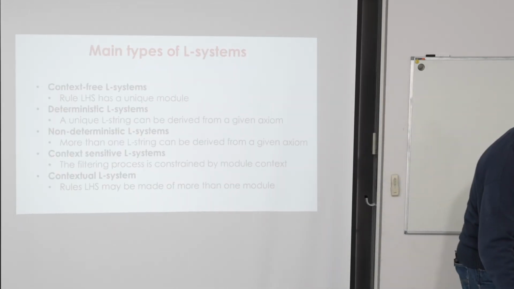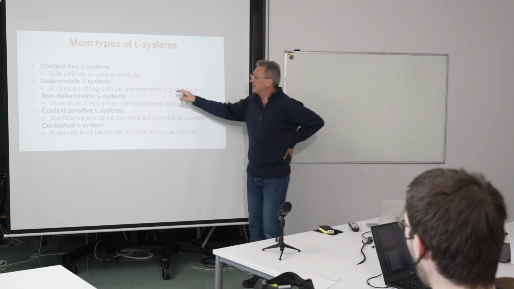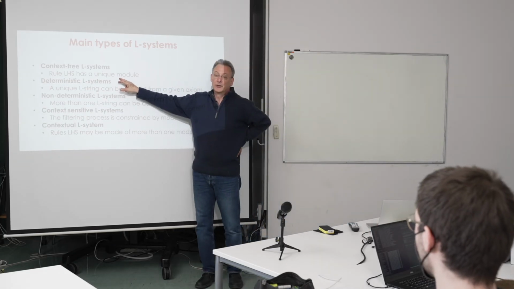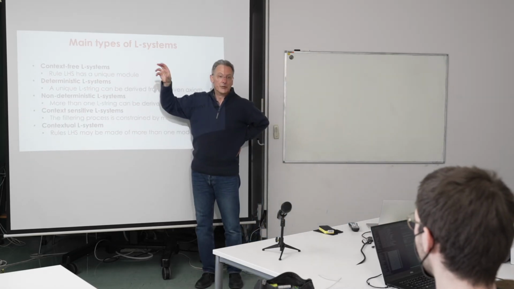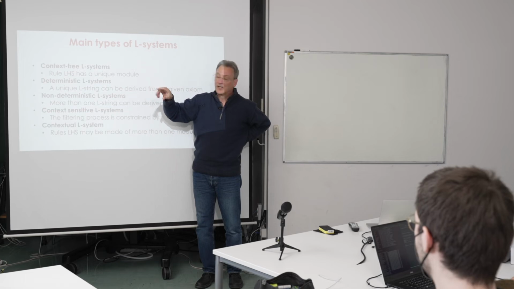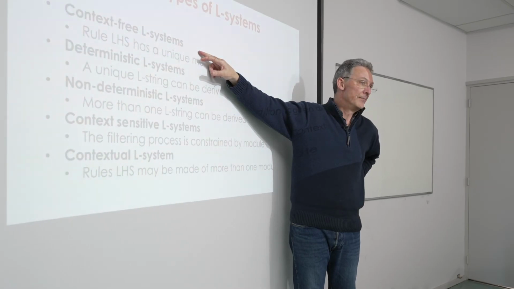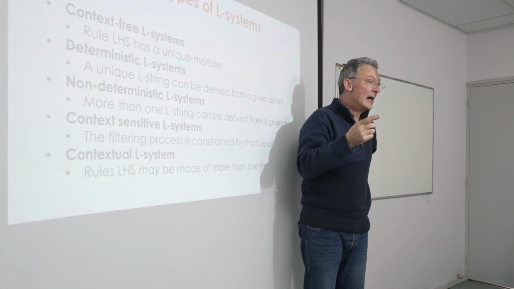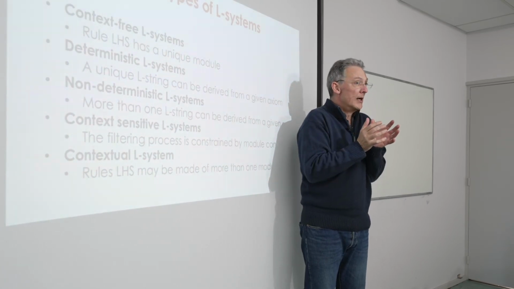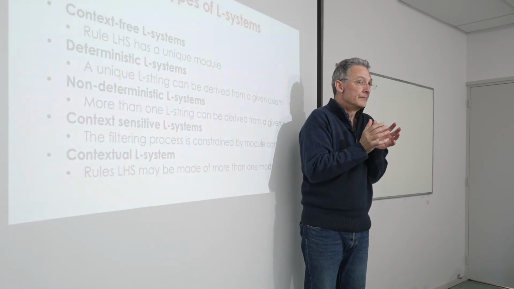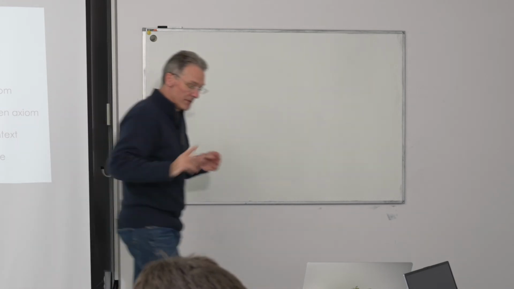Now, if there is a unique term on the left-hand side, the system is called a context-free L system, because to apply the rule, I only need to look at the current symbol. No context.